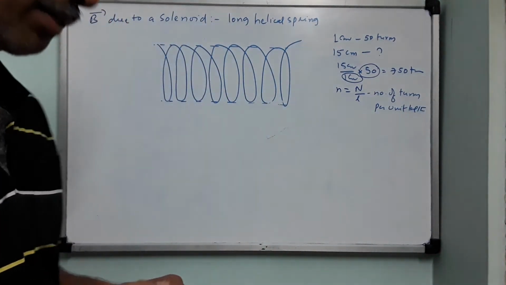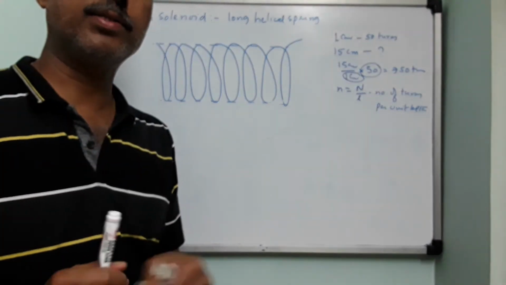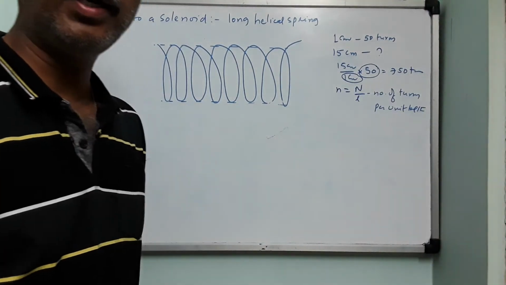This can also be called the number density of the turns, like the number density of electrons. Number density of electrons is over a volume; here the number of turns will be along the length.